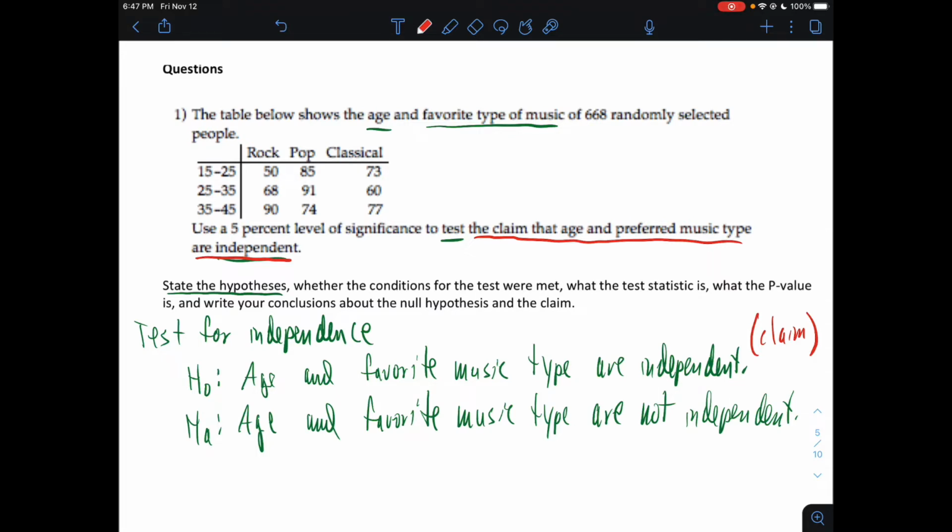Next, are the conditions for the test met? So in our case, we do have random data. So the sample is random.